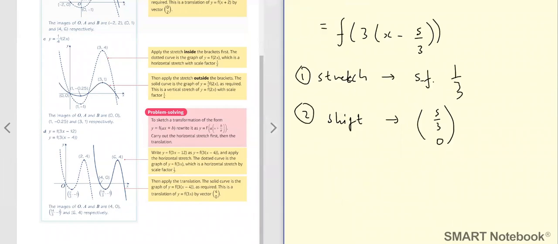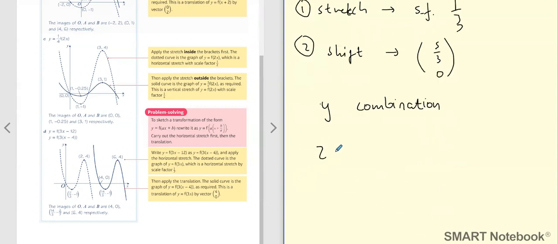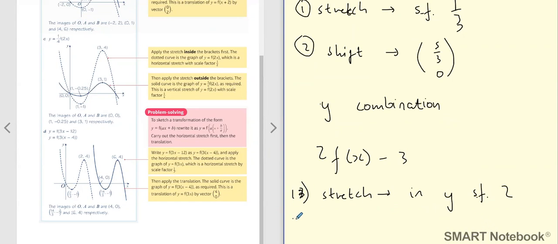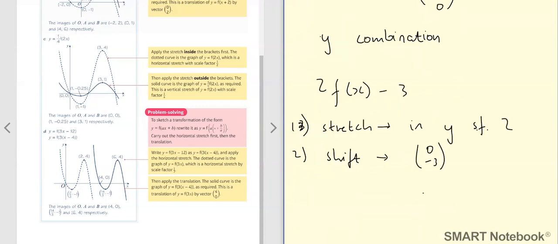When it comes to y, this is outside, so for example, if we have 2f of x minus 3, we have a stretch in y with scale factor 2. We'll do that first, and then we will shift it by 0, minus 3. Okay, that's the order.